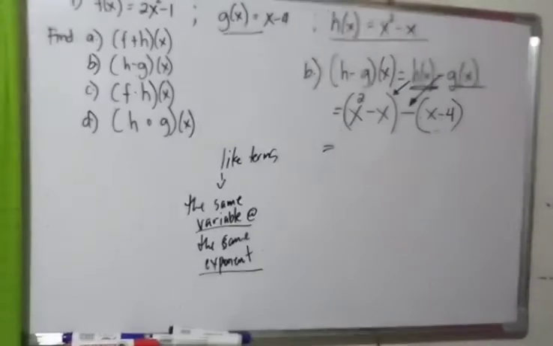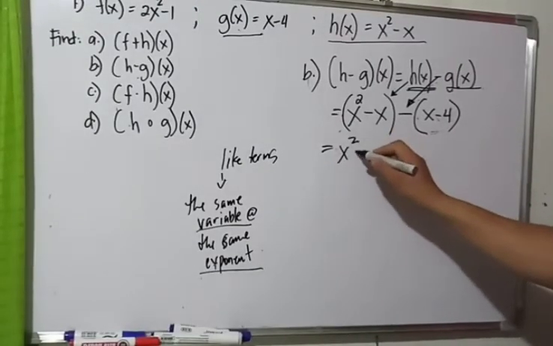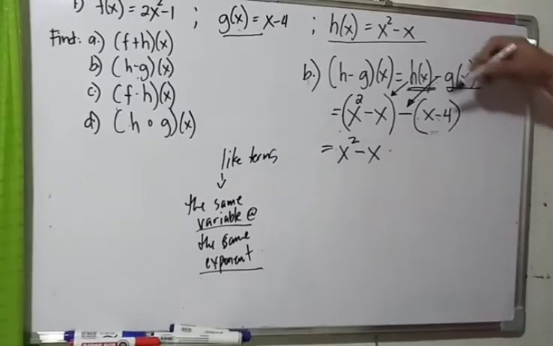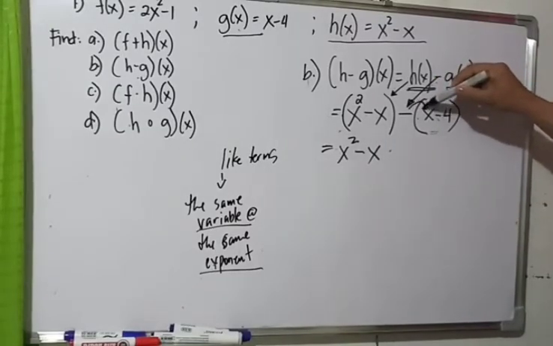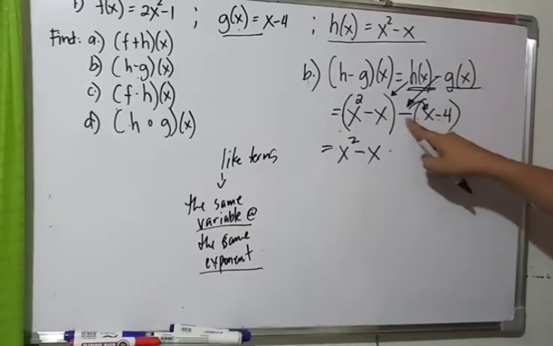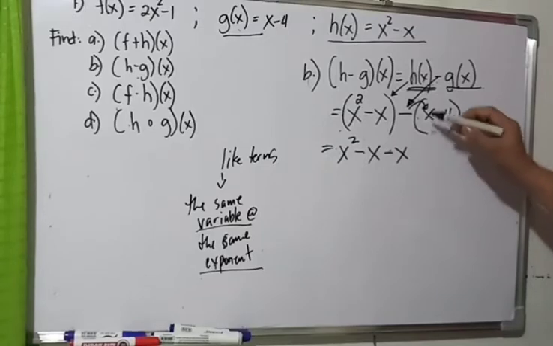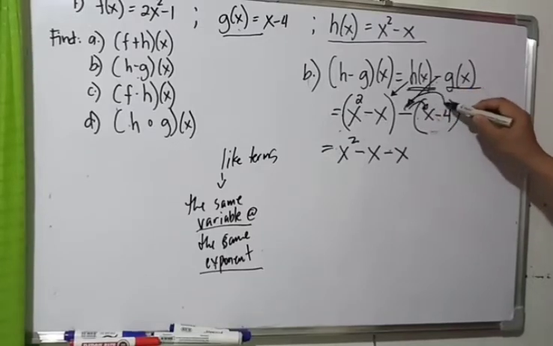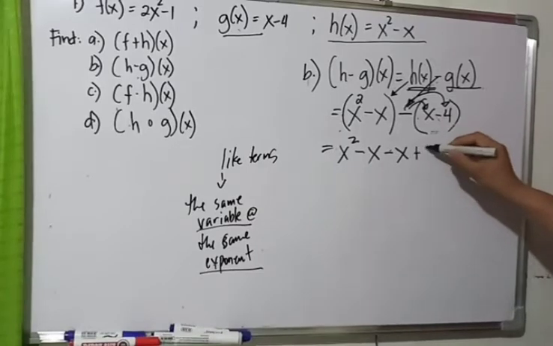Pag i-simplify natin, so, make sure na ito, negative sign, i-distribute mo yan isa-isa. So, negative times x, that is negative x. Then negative times negative 4, that is positive 4.